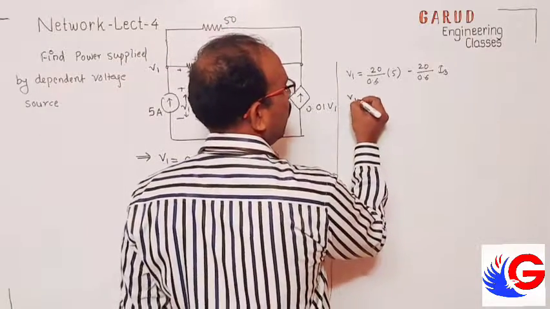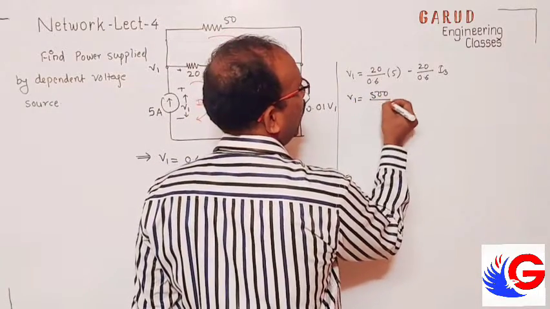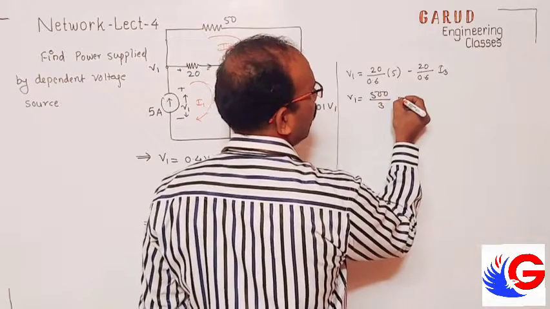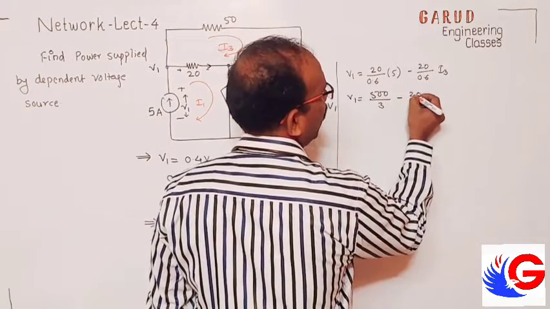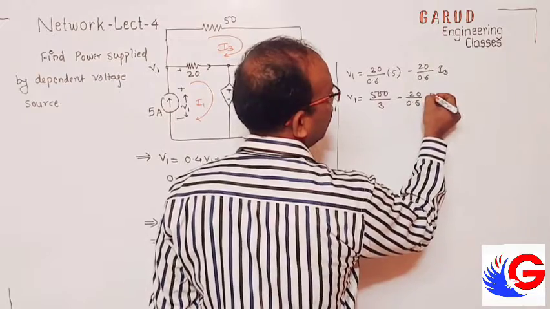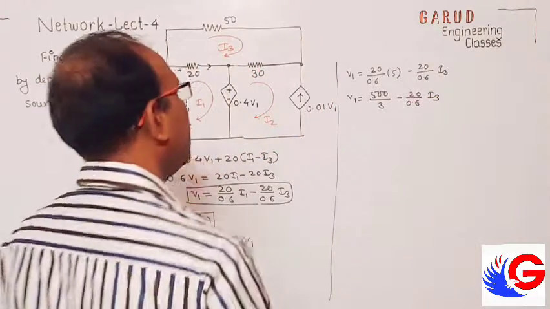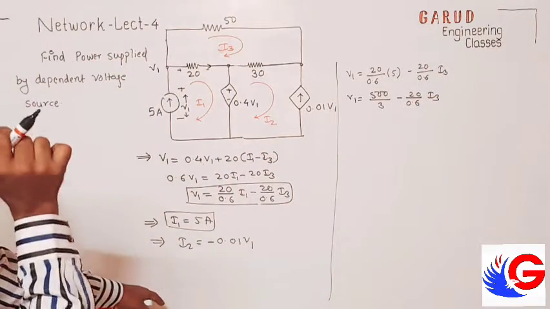So V1 equals 500 by 3 minus 20 by 0.6, which is 100 by 3, I3. Okay.